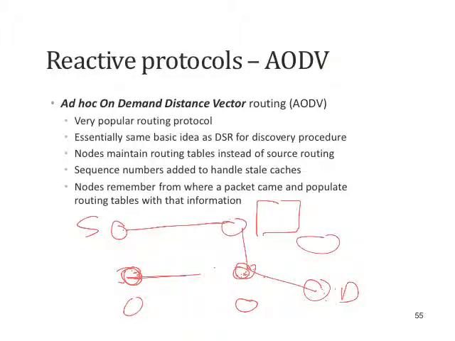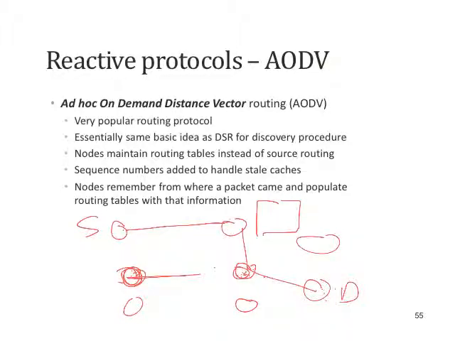So you will decide whether you should stop flooding and rely on this node to deliver to D, or keep flooding and learn more routes. Okay? So once this node replies, you will take a decision.